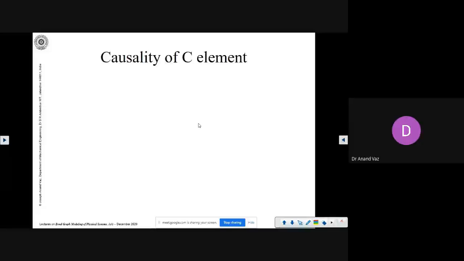And we had also discussed in the course of our lecture the causality of the C element. Here, if we have the motion of the point A, one end of the spring, as VA and the motion of the other end B as VB, the relative velocity can be obtained as VA minus VB.